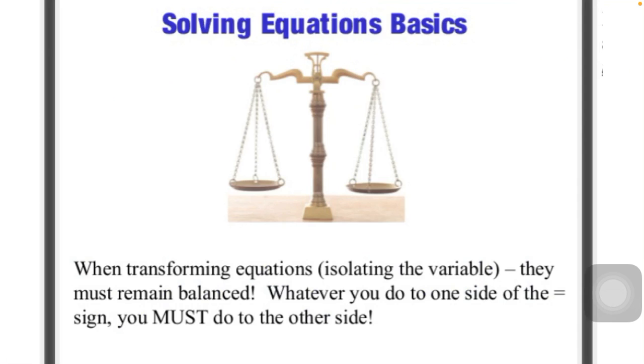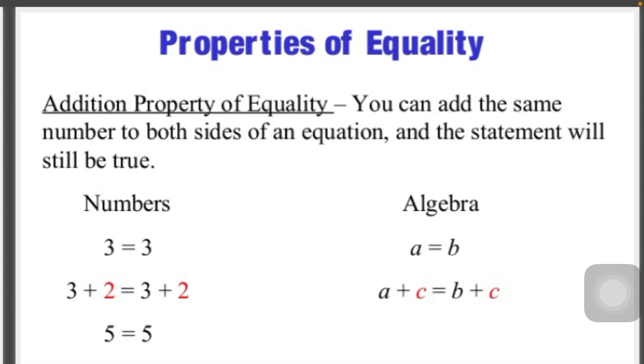Whatever you do to one side, you must do to the other side. For example, if we add or subtract anything on one side, say the left hand side, we must do it on the right hand side as well. Like you can see, 3 equals 3. If you add something on the right hand side, you must add it to the left hand side as well. Only then can we say that it is an equation, because you must maintain the balance.